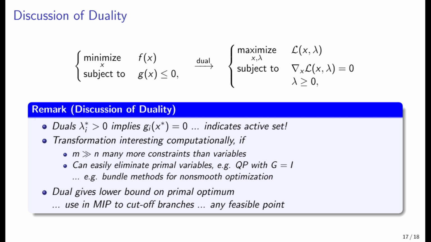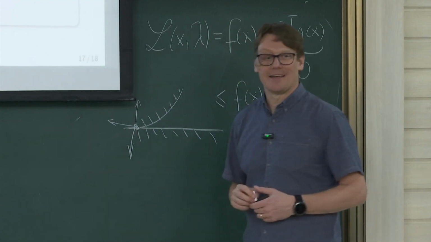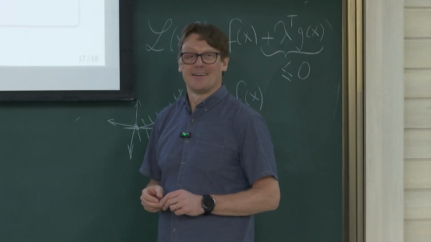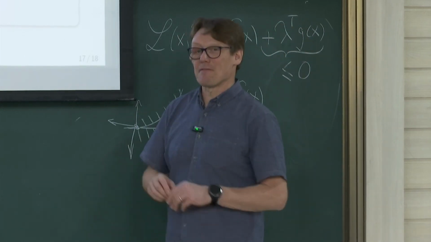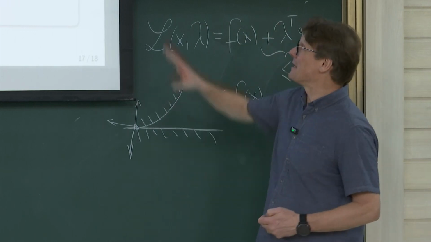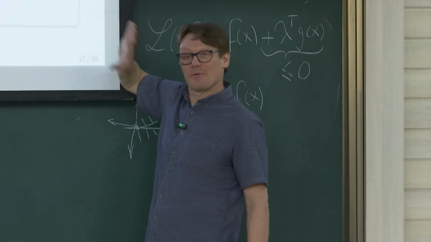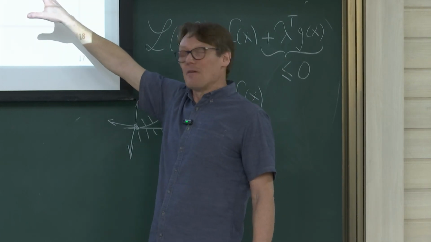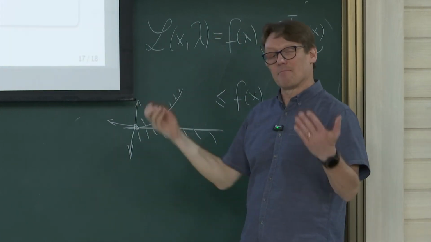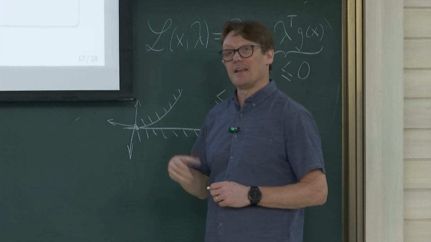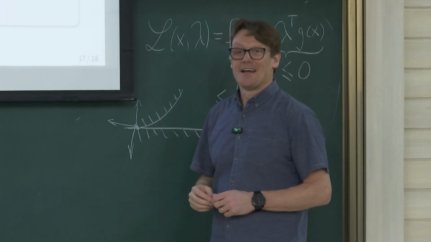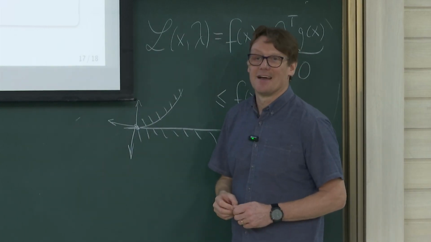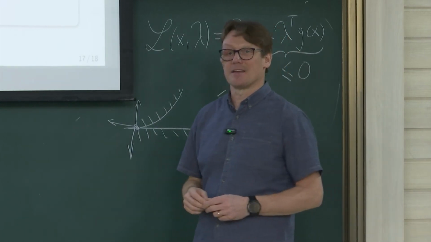Again, not good if you're solving these things numerically. If you don't have a feasible point, so far we've always been talking about having feasible points. If you don't have a feasible point, then the minimum is a kind of point that is the least infeasible point. And that point automatically violates constraint qualifications. But that's one we can deal with.